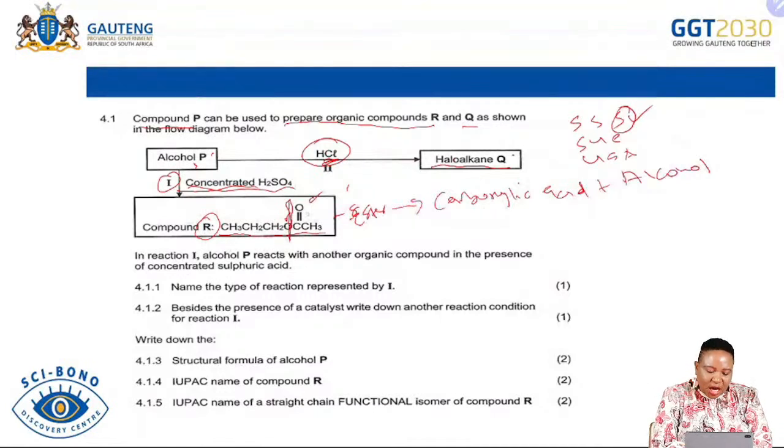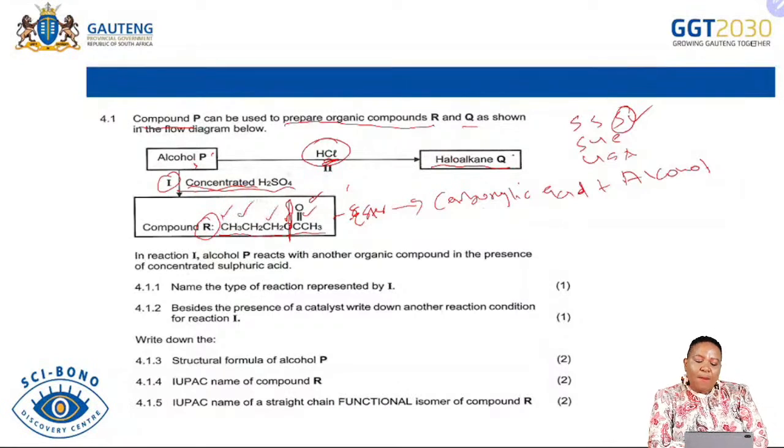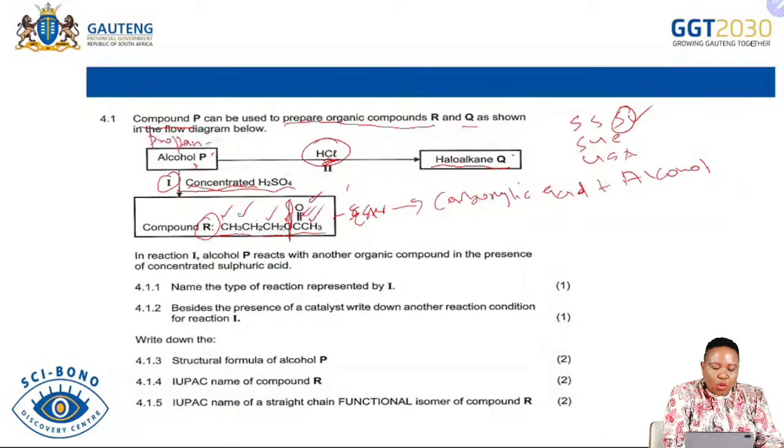Now, I said we're going to use this oxygen as our boundary to separate the 2 sides. And you can see that this C-O bond is on the side of the oxygen. So already you can see that there are 1, 2, 3 carbons that are coming from the alcohol, and there are 2 carbons that are coming from the carboxylic acid. So now we know the name of our alcohol. It means our alcohol has a 3 carbon chain, and we know that this is formed by our primary alcohol, so we know that this is propan-1-ol.